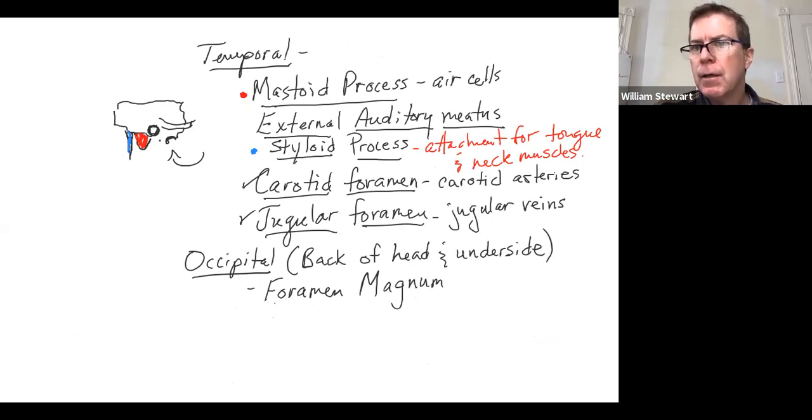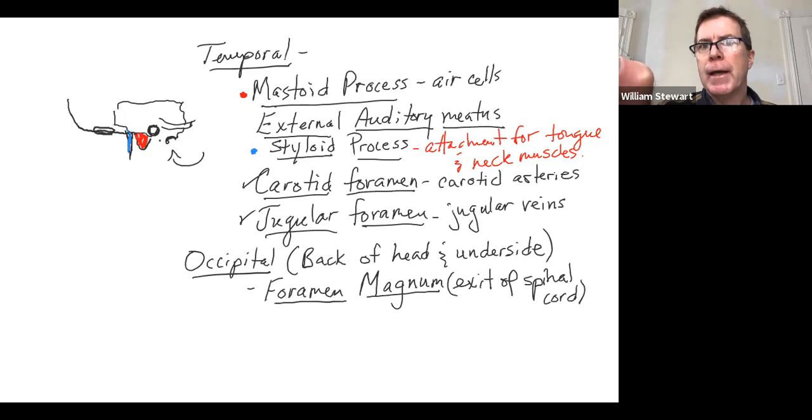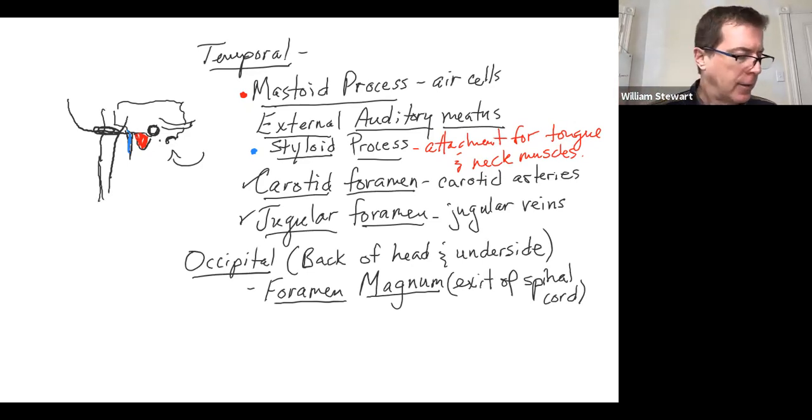So it's a really large hole for the exit of central nervous system tissue, the spinal cord, from the brain. So the underside of that occipital bone has, right on the underside, a big hole back here, and that's for central nervous system tissue to penetrate then down through the vertebrae.